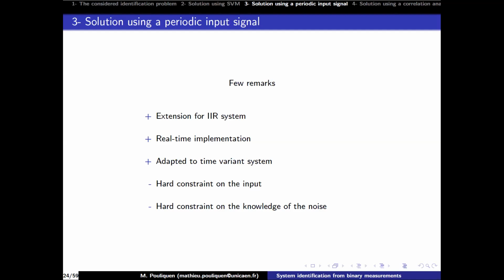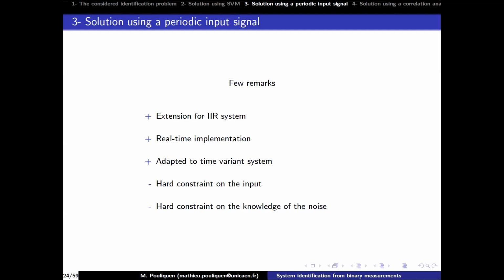At the end of the presentation, I have an application, but on this application, I don't have data with a periodic input. This solution is not possible. I can't apply it.